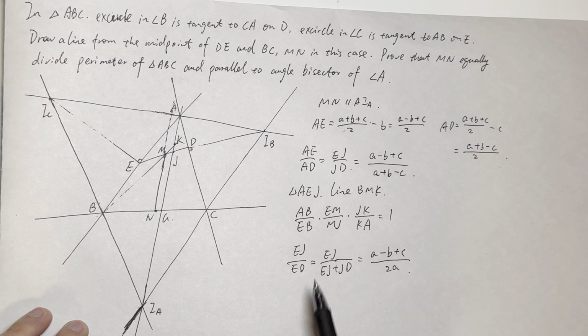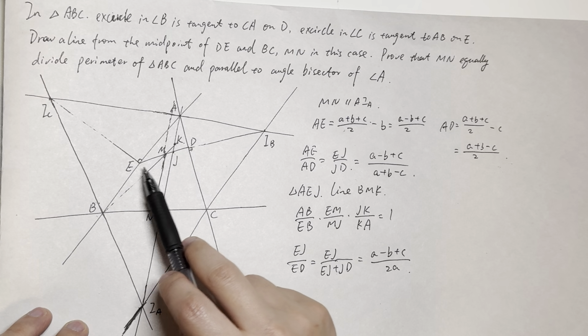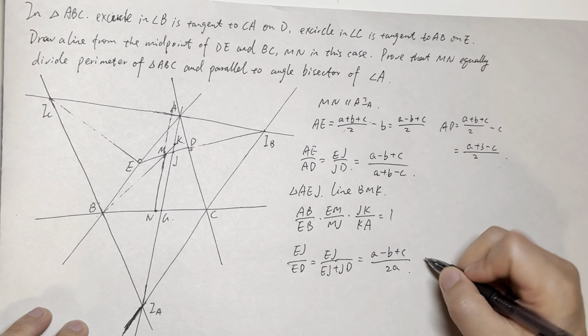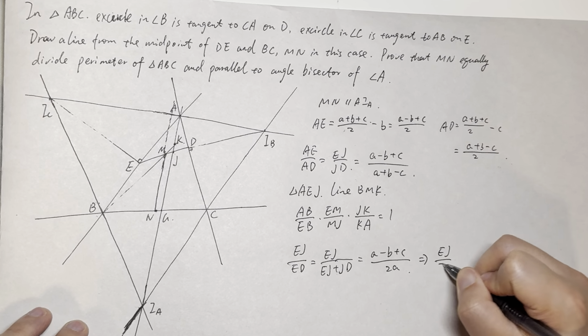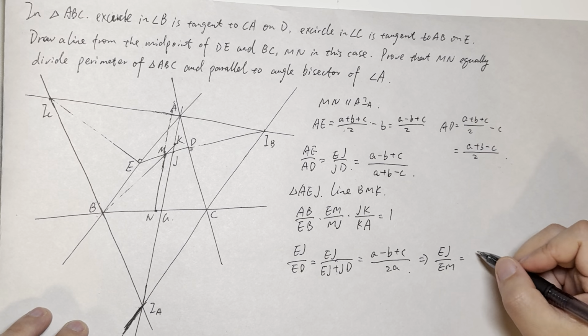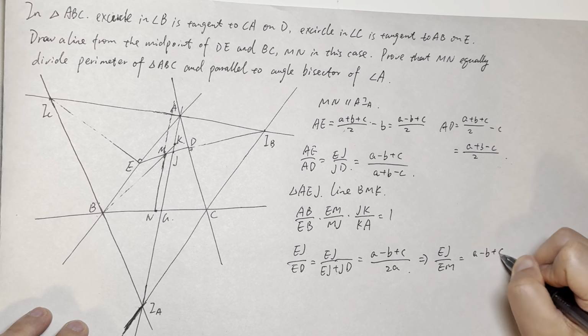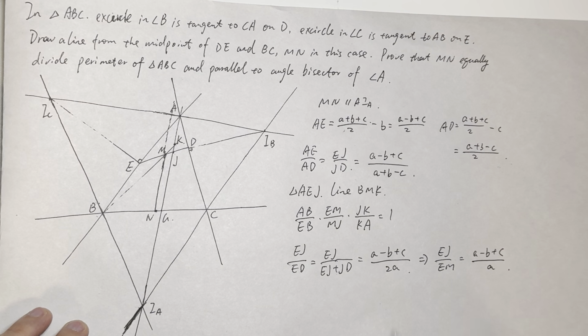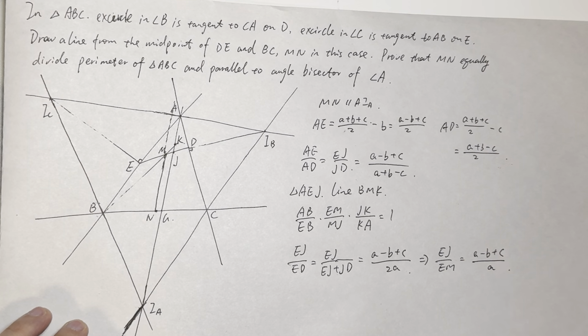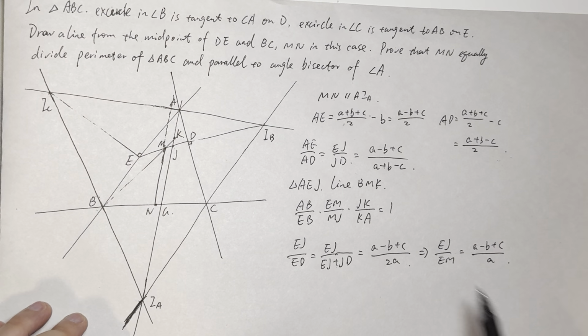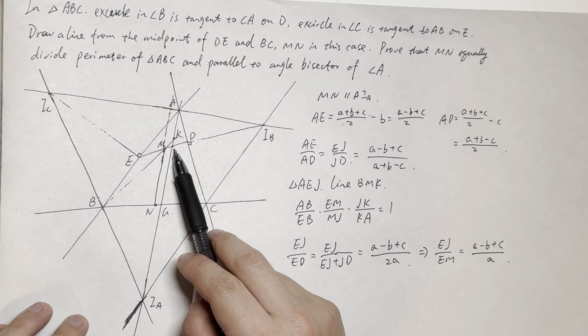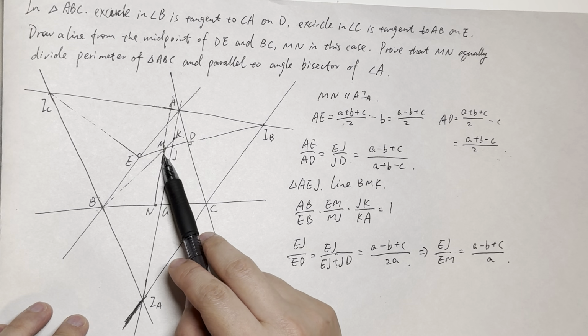Right, that is EJ to ED, which means EJ to EM equals A minus B plus C to A, since EM is half of ED, so this one divided by 2, that is A. Okay, we find EJ to EM.